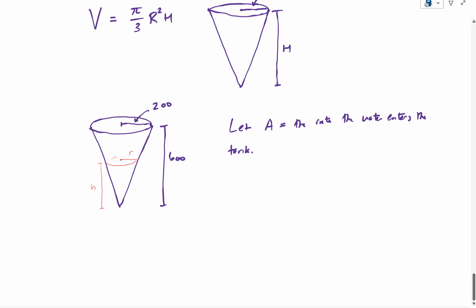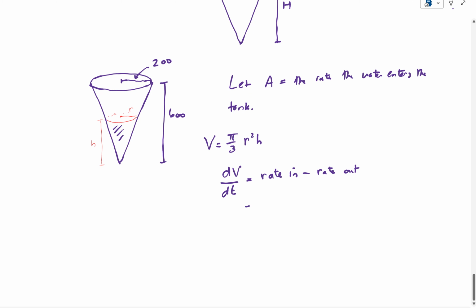So if we think of the volume here as the volume of water, that volume would be given by pi over 3 r squared h. And the change in the volume for this amount, well, this is the rate in minus the rate out. And so the rate in, we know, is A, and the rate out is 10,000.